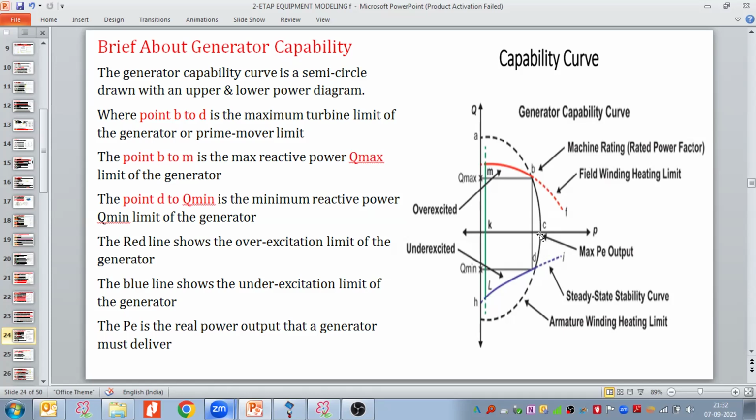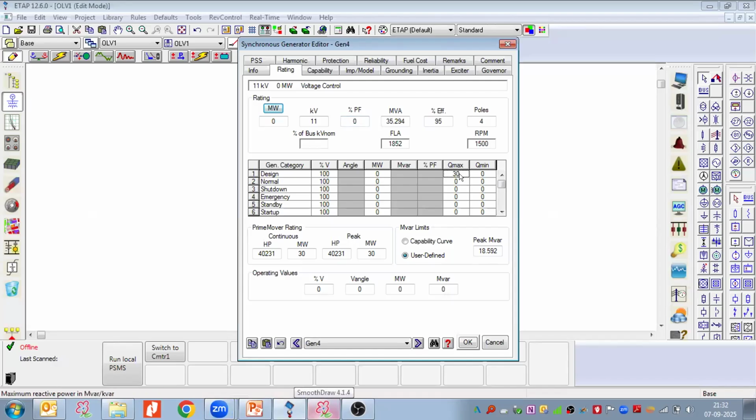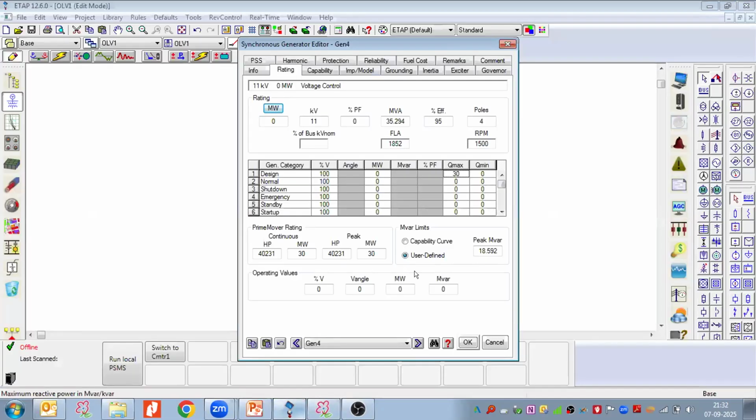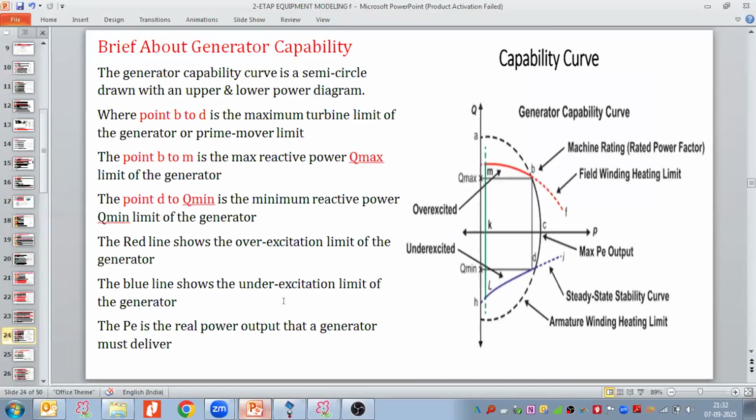From that capability curve, we can take the Qmax and Qmin values directly and enter them over here. This is the way that we do the project. But in the absence of this capability curve, by considering the maximum and minimum power factor limit, we can also calculate the Qmax and Qmin value, or it will be calculated automatically.